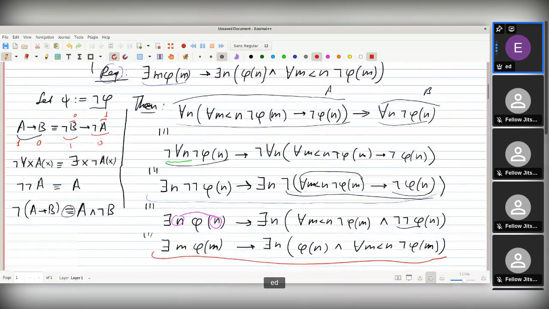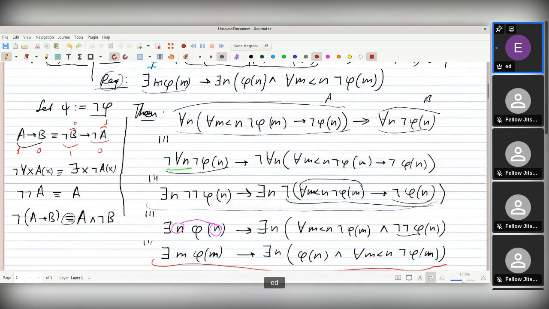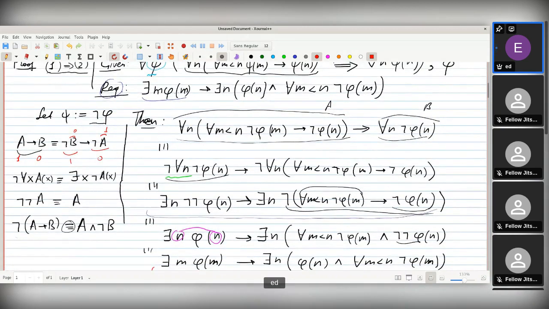This is identical to what we require. It is exactly our least number principle. Isn't it clear?